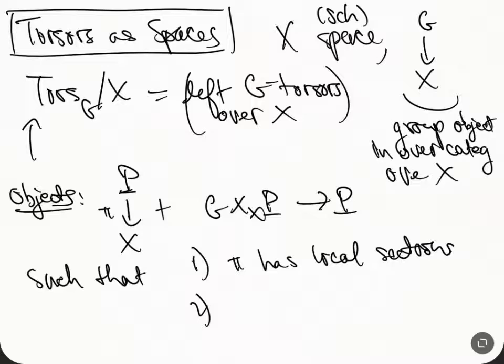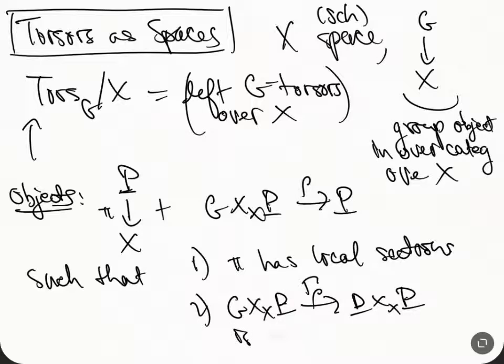and such that we could say, let's do it like this: G cross P to P cross X of P. So this is the graph map. So this is the action. Is an isomorphism in the category.